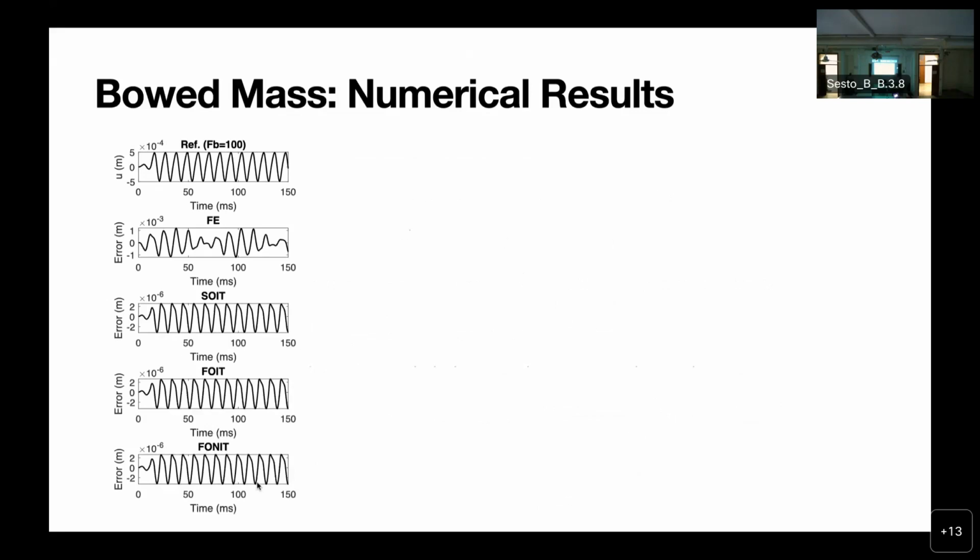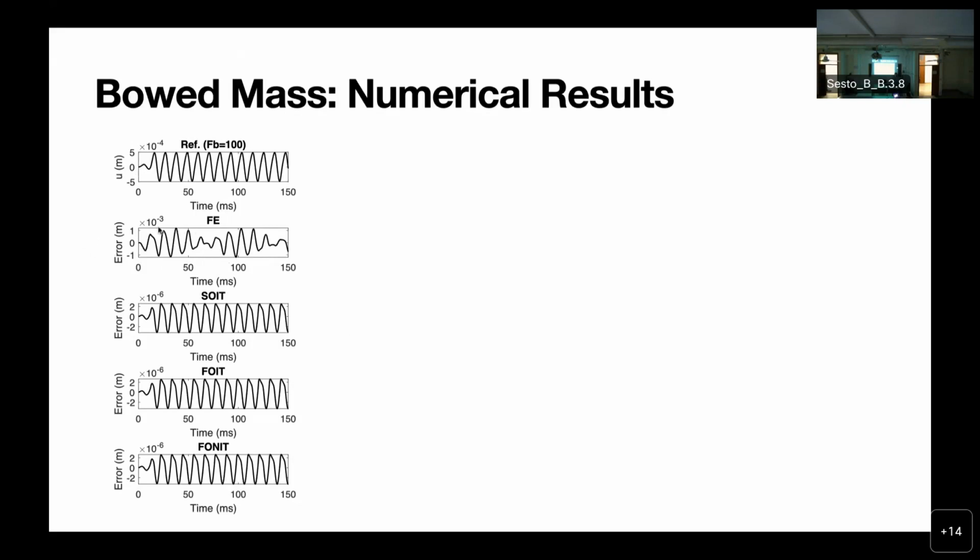And here's the first example. The top graph is a simulation of the bow mass using a downward pressure of 100 and using a super high oversampling factor. So this is a reference solution against which I am testing all the other schemes. The 4 plots underneath are just errors. The top plot is the displacement of the mass, but the other 4 plots are errors: the displacement of the reference solution minus the displacement of the scheme.